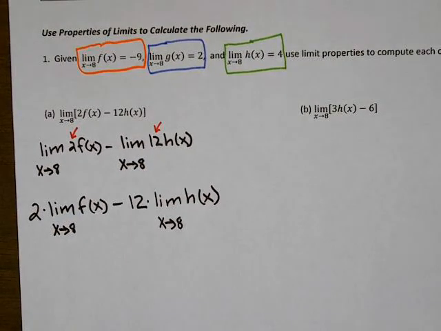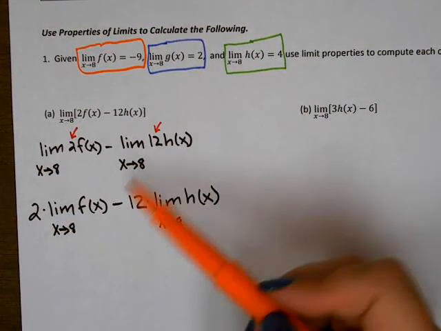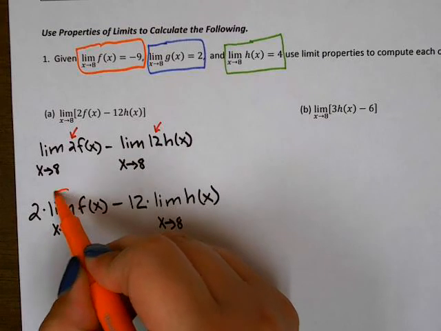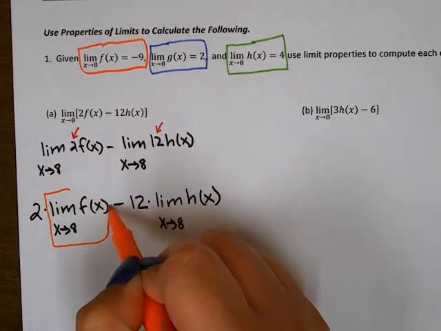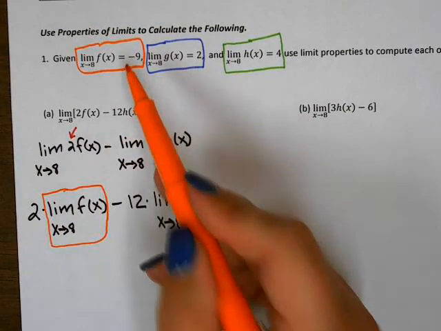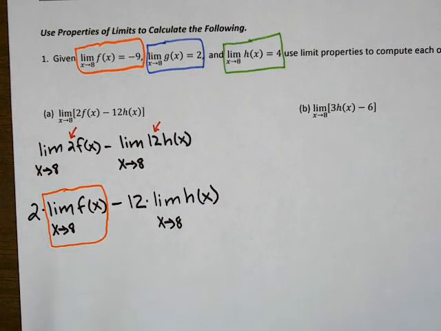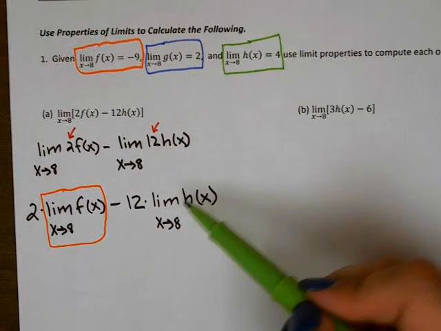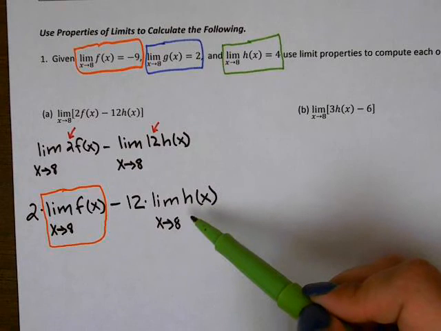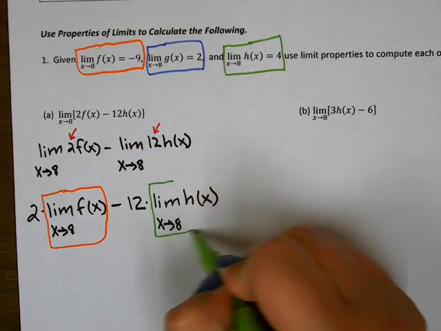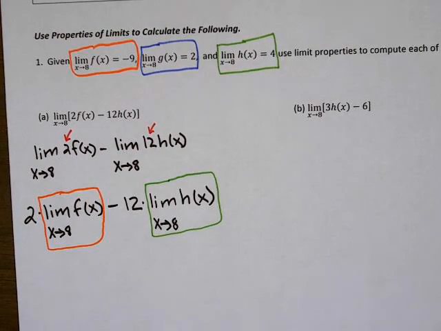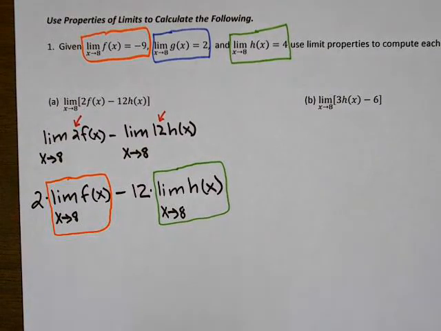And now if I look, I can see those pieces that I wanted. So this is the limit as x approaches 8 of f of x. Well, I know that that's -9. Then this piece here is the limit as x approaches 8 of h of x. I know that that's going to be a 4. So now I can actually use those values that I was given.